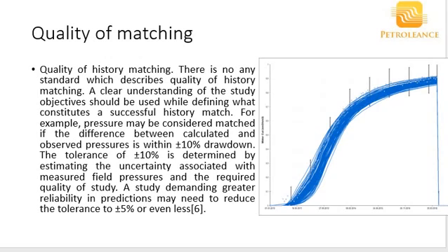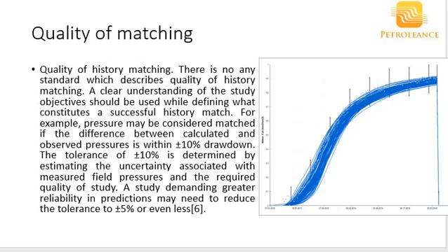Quality of history matching. There is no standard which describes the quality of history matching. A clear understanding of the study objectives should be used when defining what constitutes a successful history match. For example, pressure may be considered matched if the difference between calculated and observed pressure is within a tolerance of 10% of drawdown.